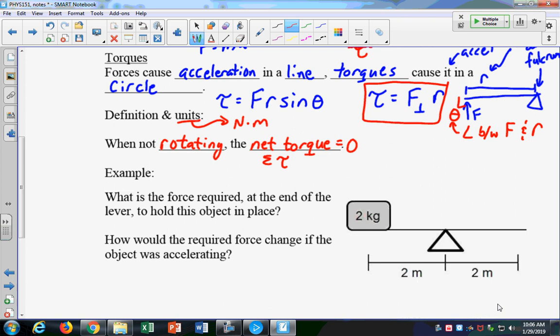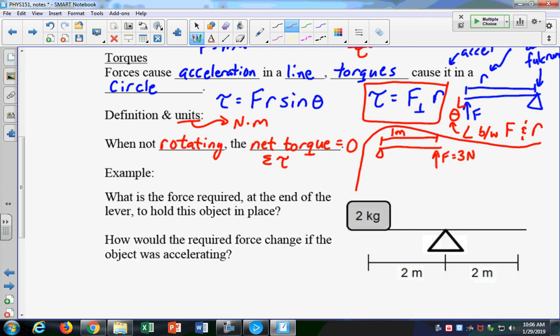Let's just do a quick calculation to illustrate how we calculate torque. Let's say I have an object rotating about this point, and that object is 1 meter long. Let's say I apply a force equal to 3 newtons.